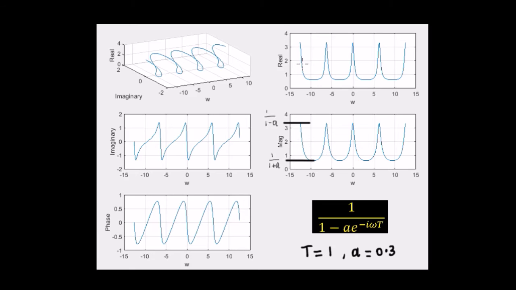Now the magnitude looks similar to the real part, but it's slightly different if you have a closer look. The height here is given by 1 upon 1 minus a, and the height here above the line is given by 1 upon 1 plus a. Our value for t in this case is normalised to 1, and the value for a I've picked is 0.3. So you've got access to this and you can have a look at it in Matlab.